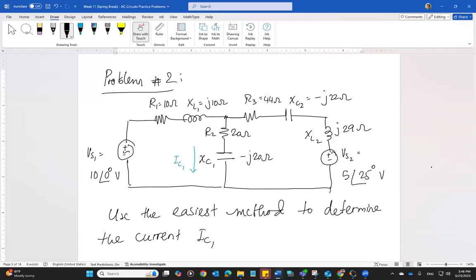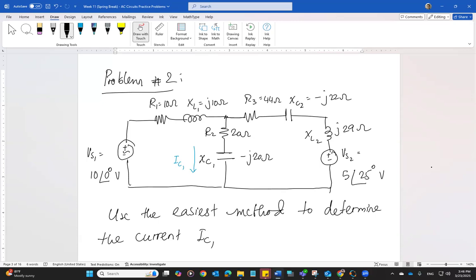In that case, how are you going to solve it? You're going to apply superposition. You're going to shut one of the sources down, calculate the reactance for each component according to the frequency of one of the sources, and then solve for IC1, let's say. Then you activate the other source that you had shut down and deactivate the source that was in the circuit, recalculate the reactance of each inductor and capacitor according to the frequency of the other source, and then calculate IC1 according to that source again.